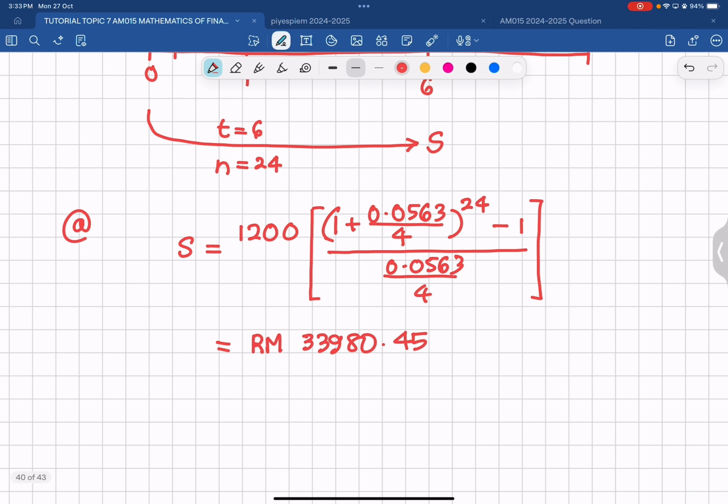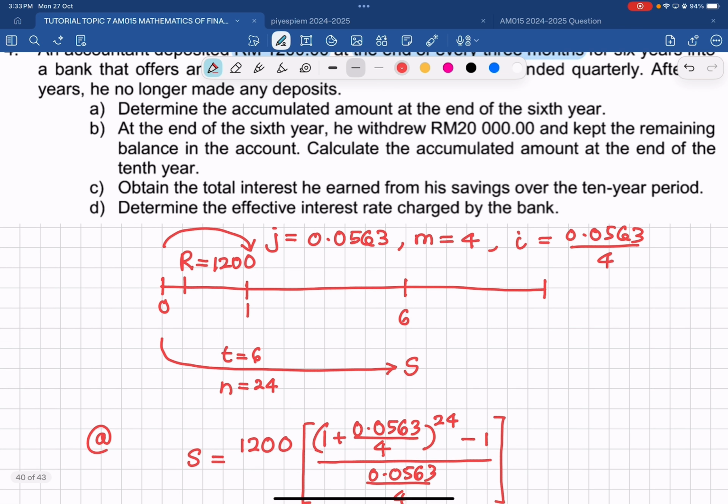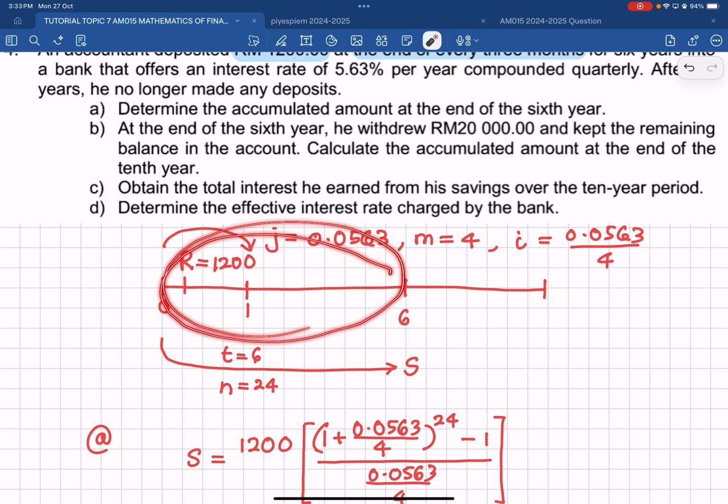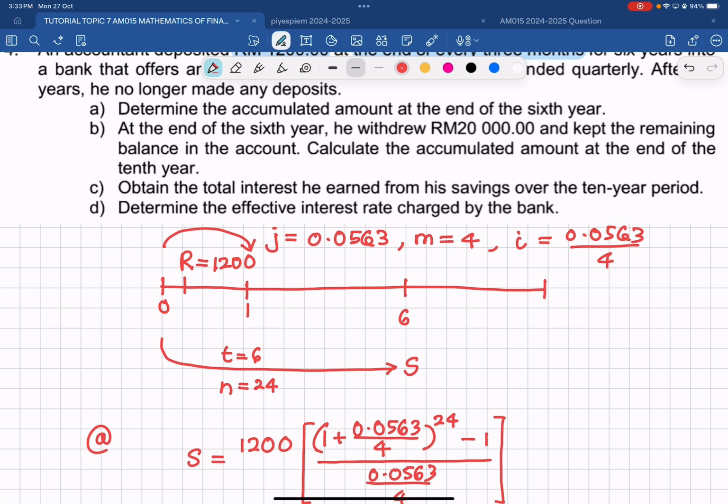That is your future value annuity for 6 years. Alright, next one. At the end of 6 years, he withdrew 20,000. Dia dah tak buat any deposit dah. So take out 20,000 from there.